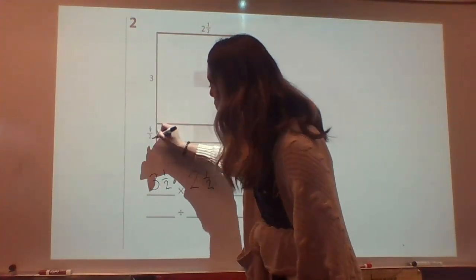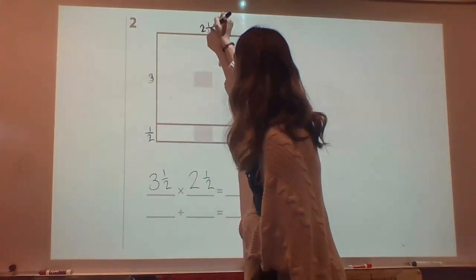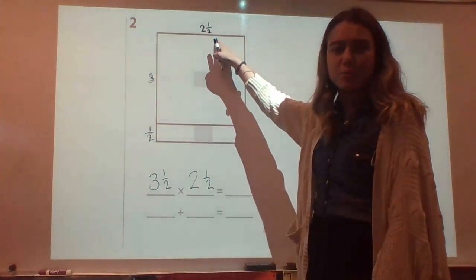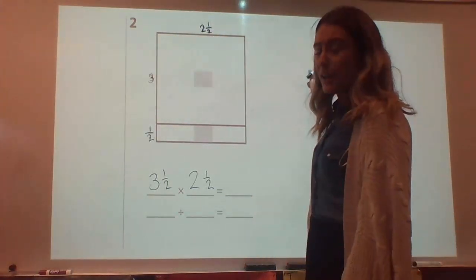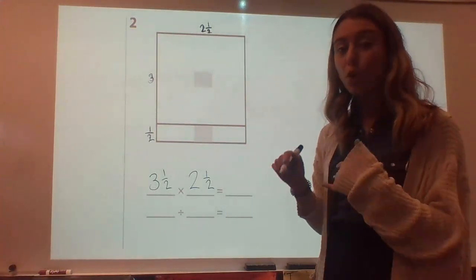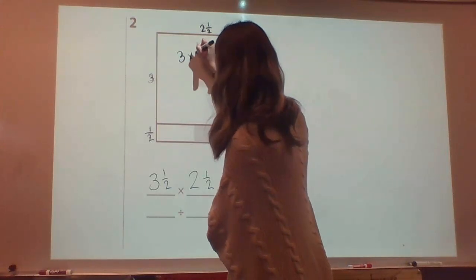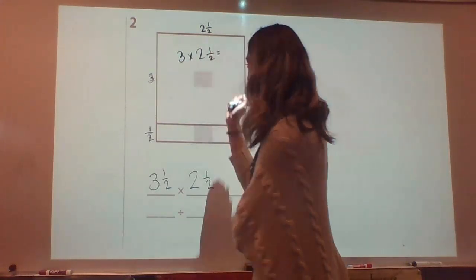I'll write it bigger. This is 3 1/2, and this is 2 1/2. Now they could have split this apart, and we can do that if you want, or we can just do it how they have it here. 3 1/2 times 2 1/2 equals.